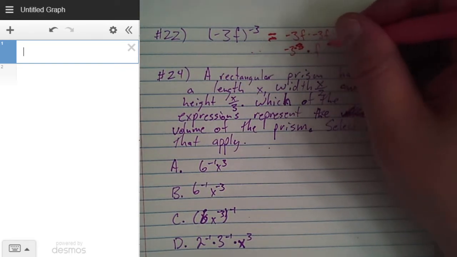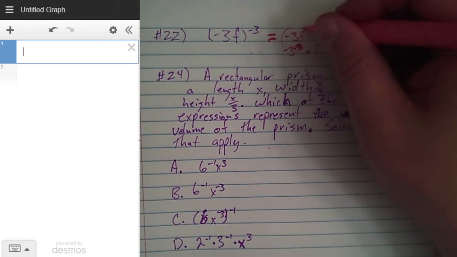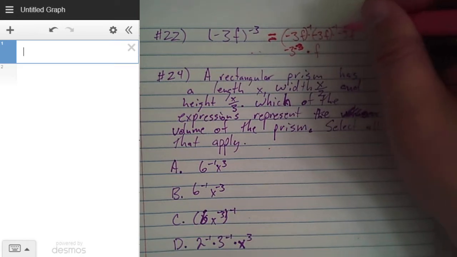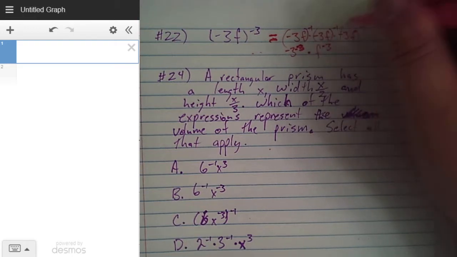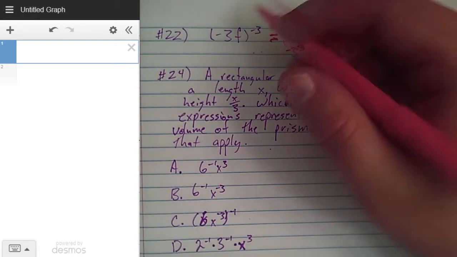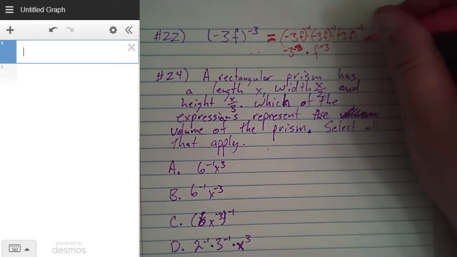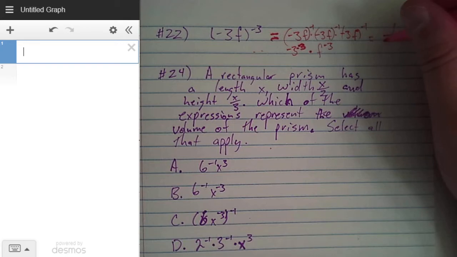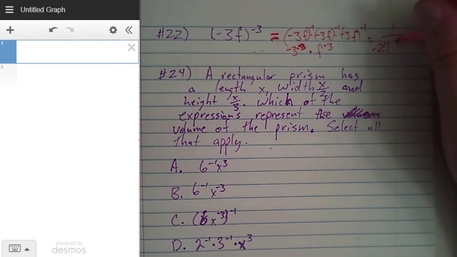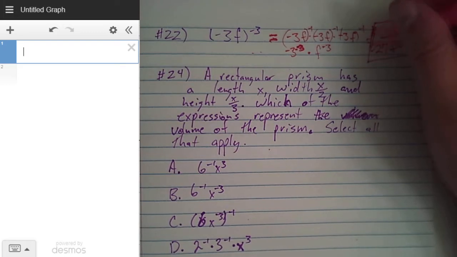There are several ways to go about this, but then we get 1 over negative 3 to the third, which is going to be negative 27 f cubed. Go ahead and box that answer.